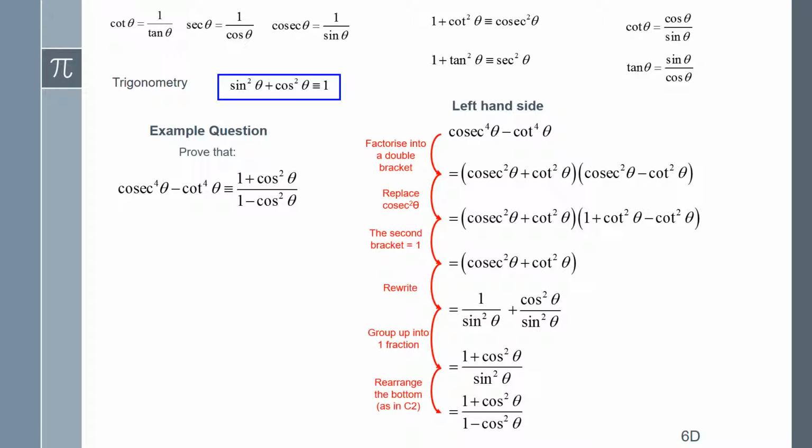There are other ways you could have got to the same place. But invariably, if you look to factorise, if you're looking to replace the identities with equivalent ones, if you're trying to get common denominators and group them into one fraction, those are the sorts of ideas that allow you to change from one expression to the other expression.